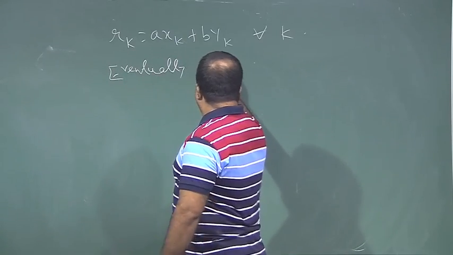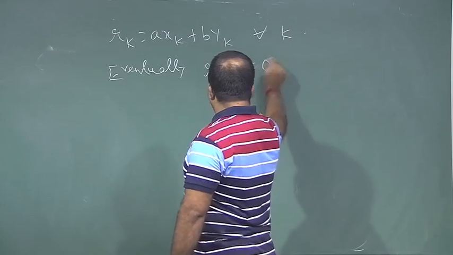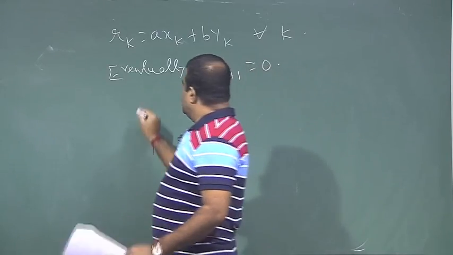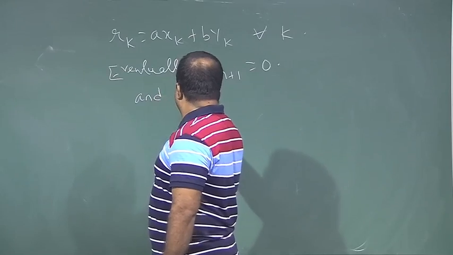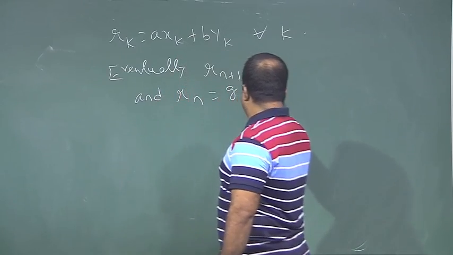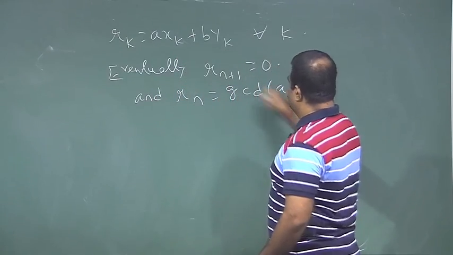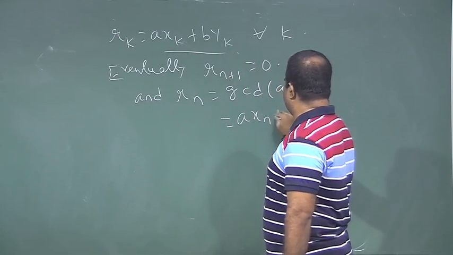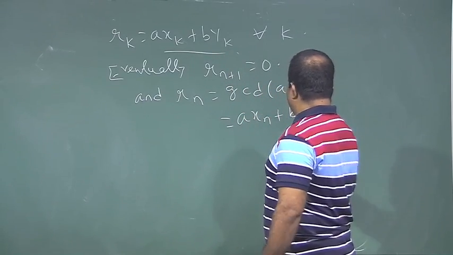Eventually we reach r_{n+1} equal to 0, and then the previous remainder r_n is the GCD of a and b, which is basically a x_n plus b y_n.